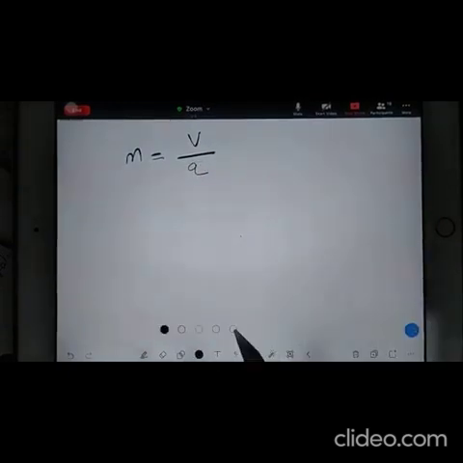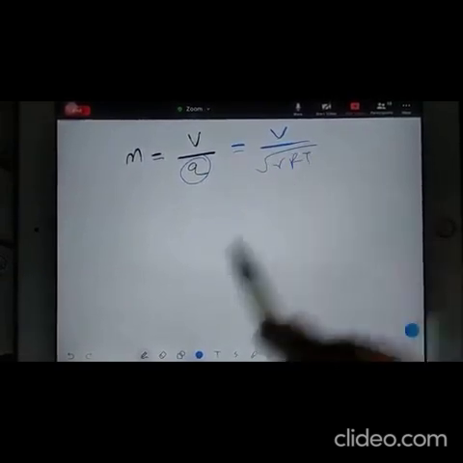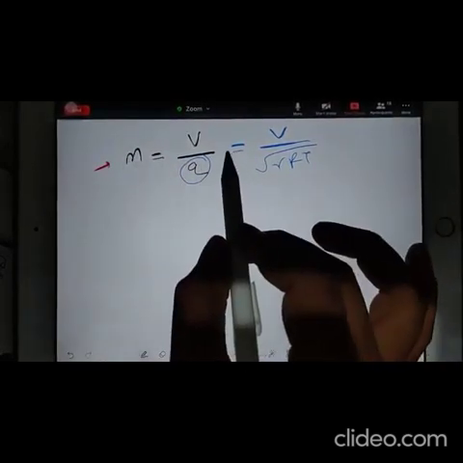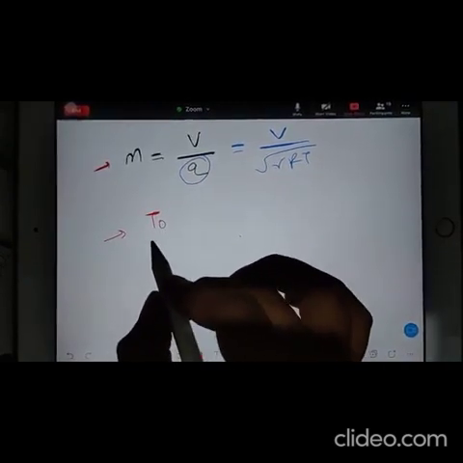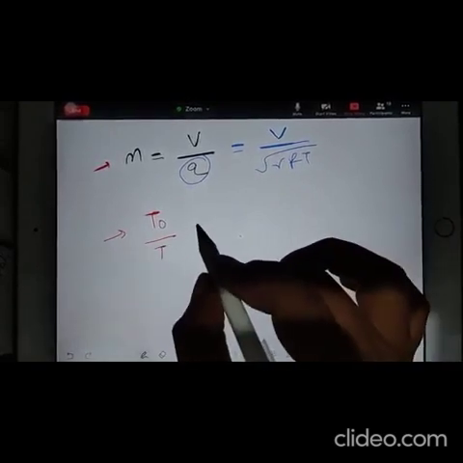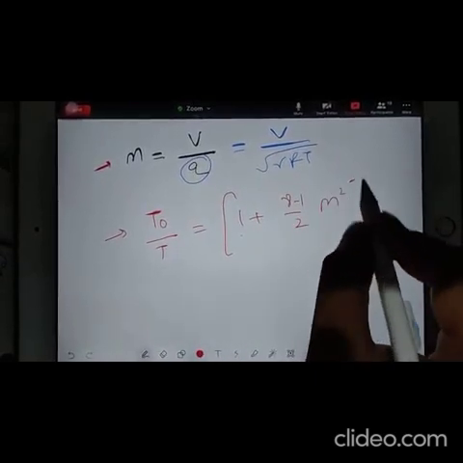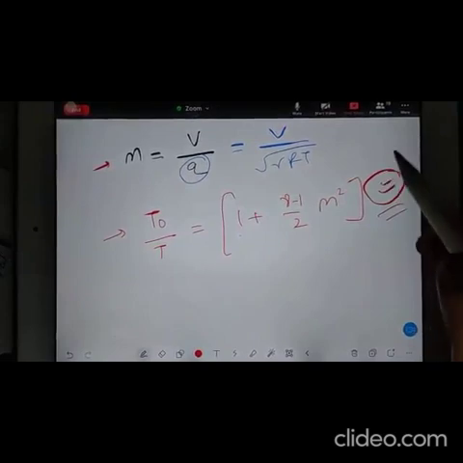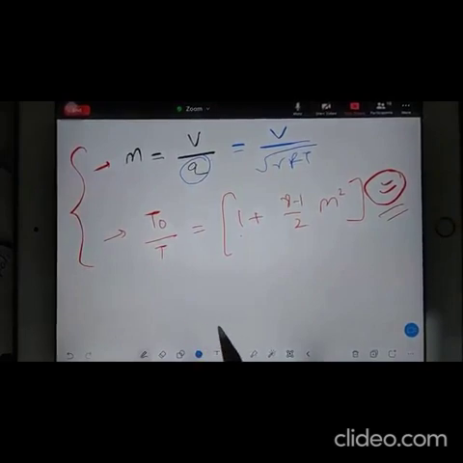Sound speed formula is under root gamma RT. Propulsion students are masters in this. This Mach number formula is important, and your total temperature divided by static temperature is 1 plus gamma minus 1 by 2 Mach number square. We study this in gas dynamics under compressible flow. So by using these two equations, we have to solve some numericals. Those numericals I will give you in the PDF.